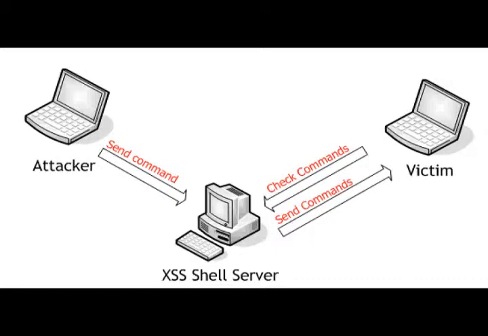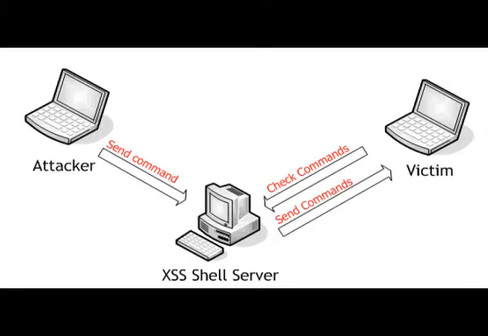And when a victim views the page that's infected, the attacker will gain control of the victim's browser and will be able to send commands to the victim. And as you can see here in this picture, there's 3 parts to the cross-site scripting shell. There's a server-side part that coordinates the cross-site scripting shell between the attacker and the victim.